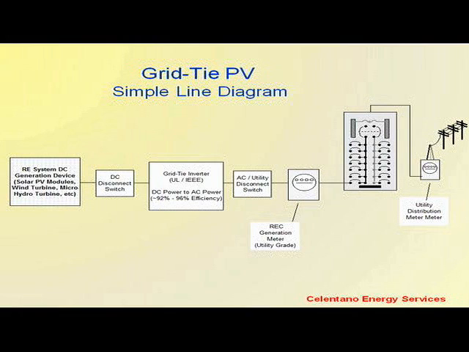There is a disconnect switch between the inverter and your electricity meter, your house meter. The reason is that if electricity goes down in your neighborhood and the electric company is going to be working on the lines, they have to know that the electricity is down, and if you're feeding electricity into those lines, their workers could be shocked. So this disconnect switch will prevent electricity from leaving your house and going into the lines when it shouldn't be, when the electricity is down.